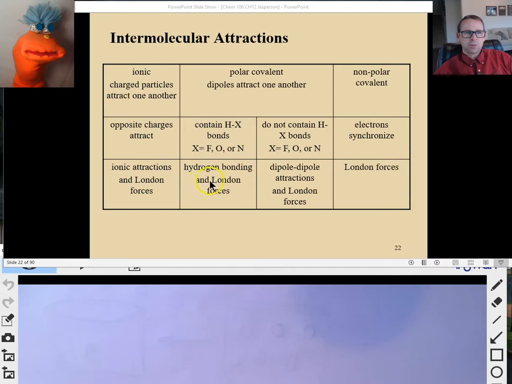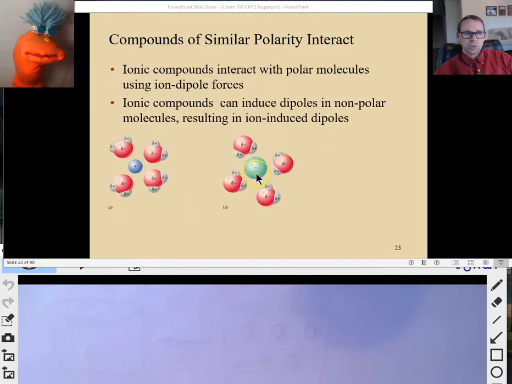You still have London forces. Ionic compounds attract each other and create what's called an ionic attraction or an electrostatic attraction, but they also have London forces. So we always have to recognize that all kinds of compounds are going to have London forces: nonpolar, polar, polar with a hydrogen on one of the big three, or even just ionic compounds.